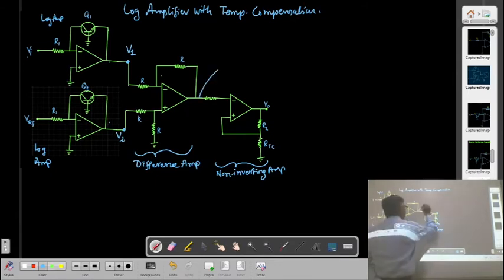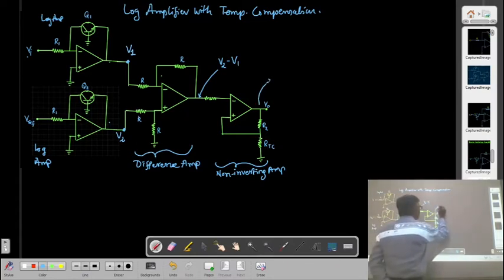At this point you will find the voltage V2 minus V1 because it is a difference amplifier. And at this point you will find the output voltage as 1 plus RF by RTC into V2 minus V1.